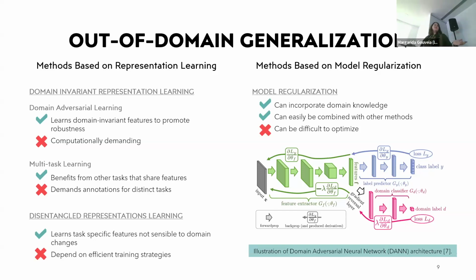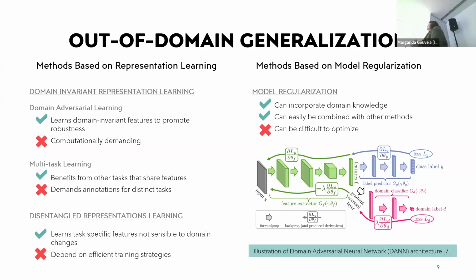Once again, adversarial learning, problems of optimization. Some works focused on domain generalization also use multitask learning. The idea is that if we are learning features that are shared between different tasks, these features are more meaningful for the problem, and with that are less sensitive to domain changes.